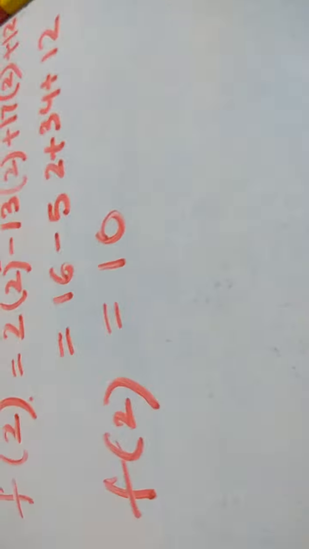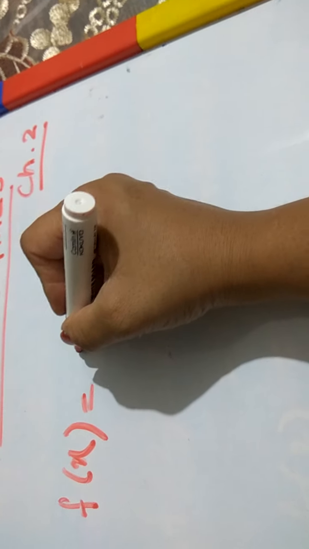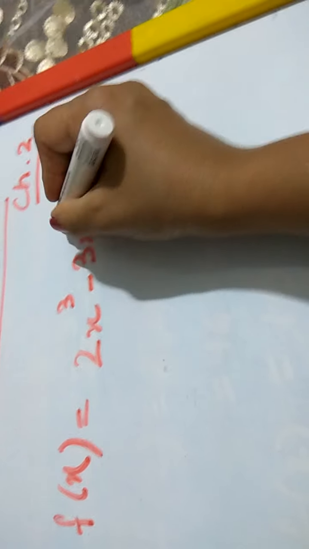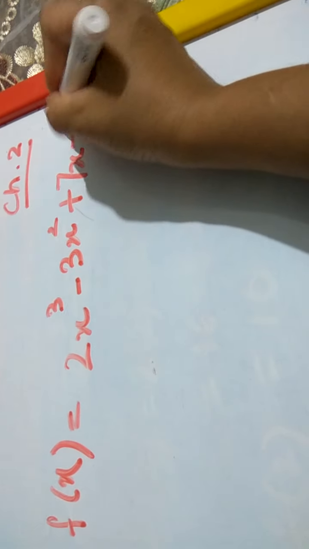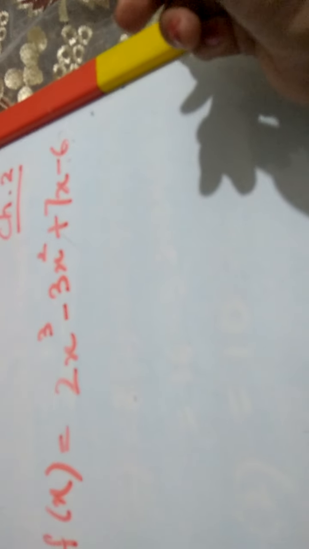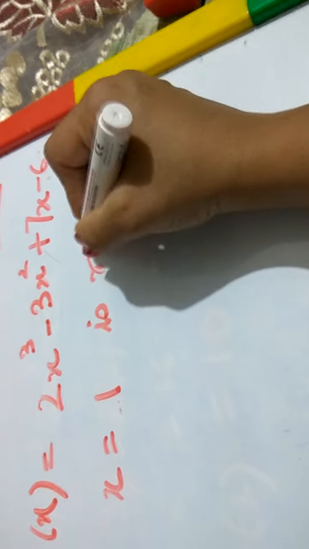Now we will take one more question. We are given a polynomial 2x cube minus 3x square plus 7x minus 6, and we have to show that x equal to 1 is a root of the polynomial.